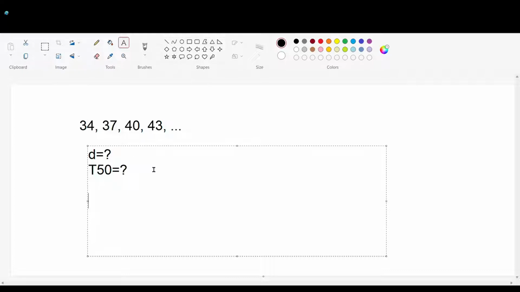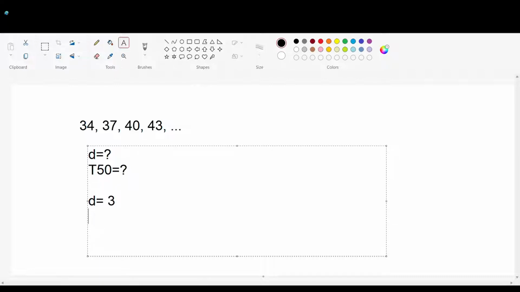They're asking us for the common difference and the 50th term. So we will use the formula of the common difference, which is term 2 minus term 1, or in this case 37 minus 34, and we get plus 3. To find the 50th term, we would use the formula Tn is equal to a plus n minus 1 times d.